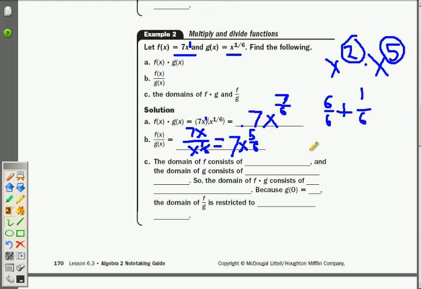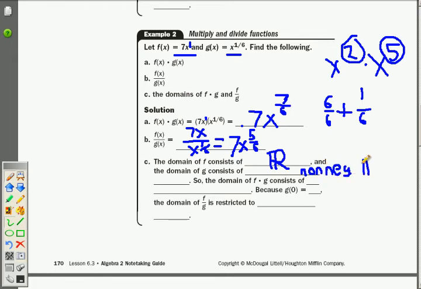In this situation, the domain of f is all real numbers. And a way to do all real numbers shorthand-wise is to do that double line, kind of like you do a paragraph. But the domain of g is all the non-negative reals. So we're going to put the non-negative reals there.